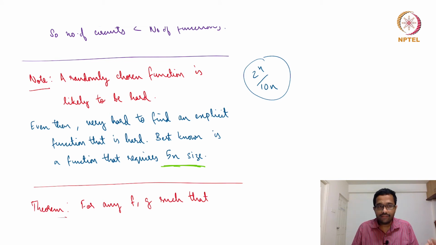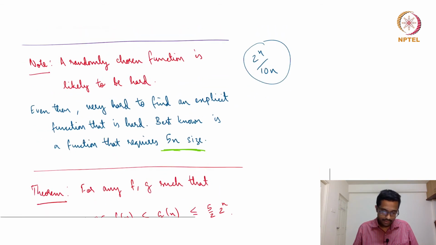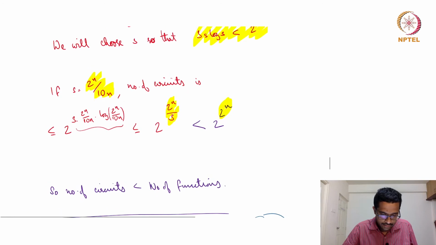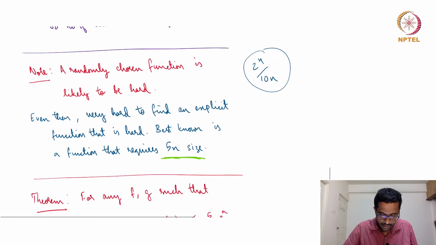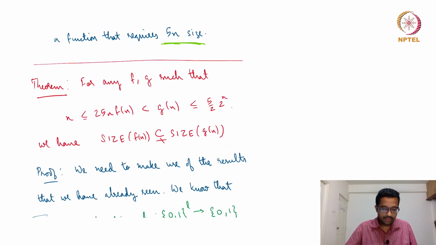We don't have a function that requires 10n size, right? So we have this interesting situation where almost all functions are hard to compute, but if I ask you to produce one function that is hard to compute, people haven't been able to do that, right?